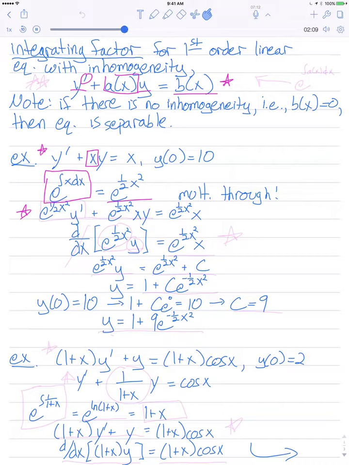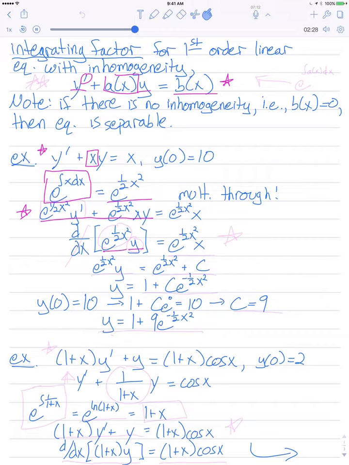Why did we do that? What was so special about that factor? Well, you now recognize something, right? You recognize that this whole thing is just the derivative of a product. It's a product rule, right? And the thing it's a product of is y times e to the 1/2 x squared, right?